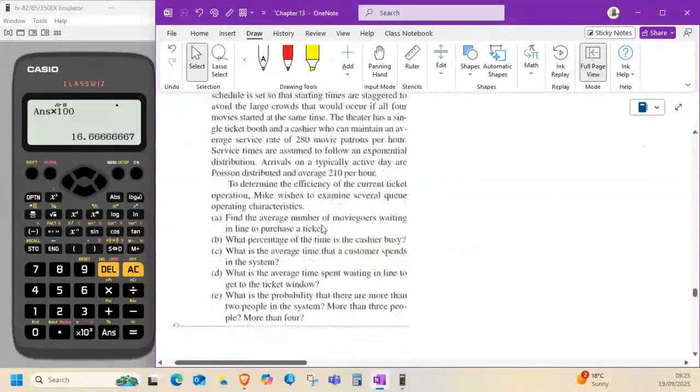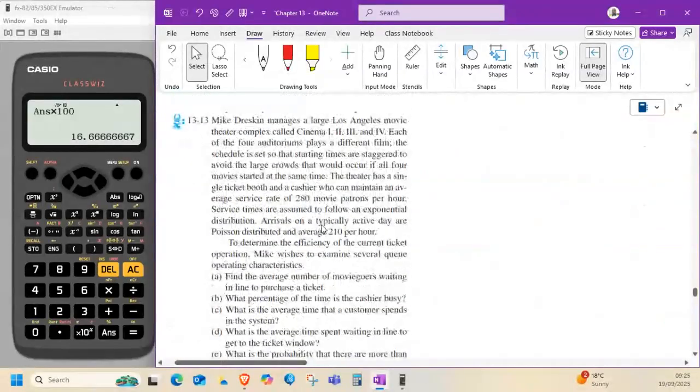Then we have this long question. Mike Dreskin manages a large LA movie theater complex called Cinema 1, 2, 3, and 4. Each of the 4 auditoriums plays a different film. The schedule is set so that starting times are staggered to avoid large crowds that will occur if all 4 movies started at the same time.